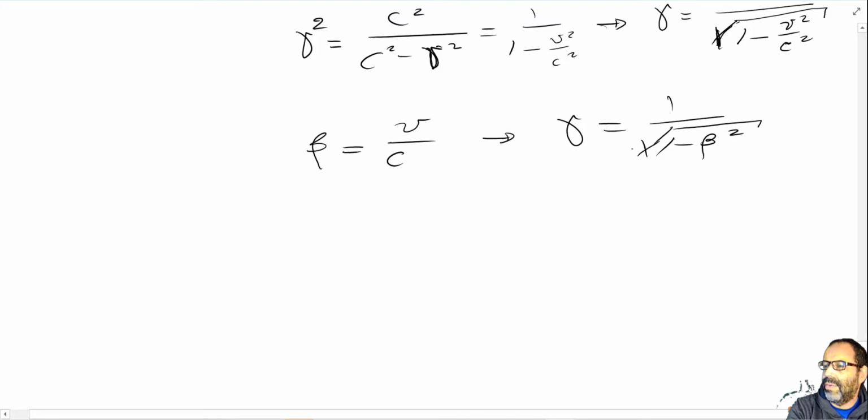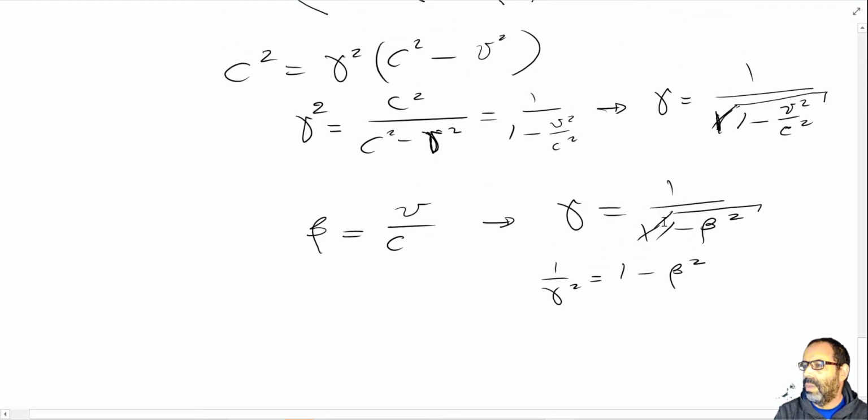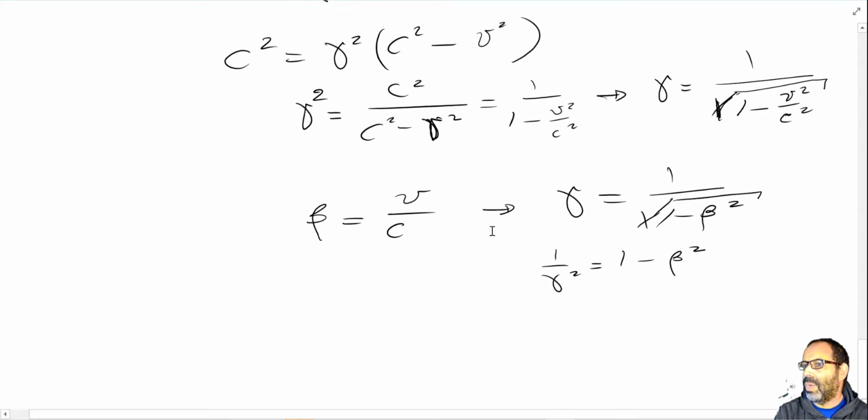In particular, if I want to rearrange this expression here a little bit, I can write 1 over gamma squared is equal to, after I square this one and flip it, 1 minus beta squared. This relationship will become useful very shortly, okay? Remember, beta is nothing but the ratio of the velocities of the inertial frames with respect to the speed of light, that's all, okay? And from this expression, we can clearly see that beta cannot be equal to 1. No matter what, v cannot be equal to c no matter what.